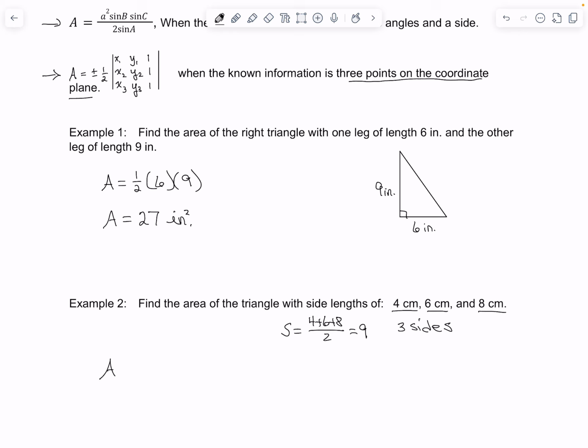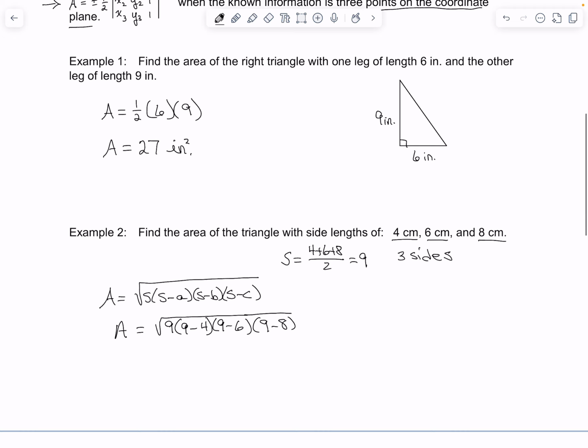And then our area is the square root of, and I'll rewrite it here, S times S minus A times S minus B times S minus C. So our area is equal to the square root of 9 times 9 minus the first side, 4. Then we're going to multiply that to 9 minus the second side, 6. And we're going to multiply that to 9 minus the third side, 8.